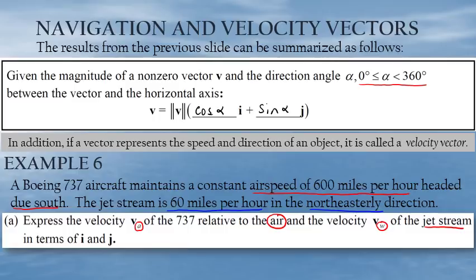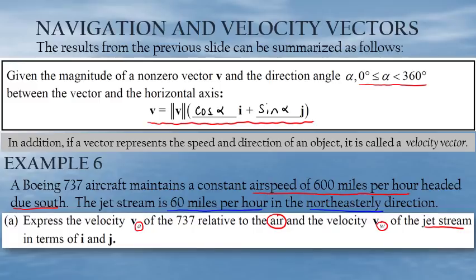Now in terms of i and j, don't let that bother you because we have a formula for that right here. I can write a vector in terms of i and j if I know something about the angle. I can use the cosine and sine, and if I know something about the magnitude or the length of the vector, which I think I do in both of these cases.